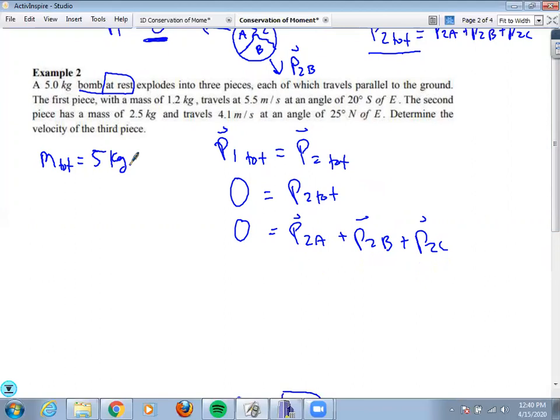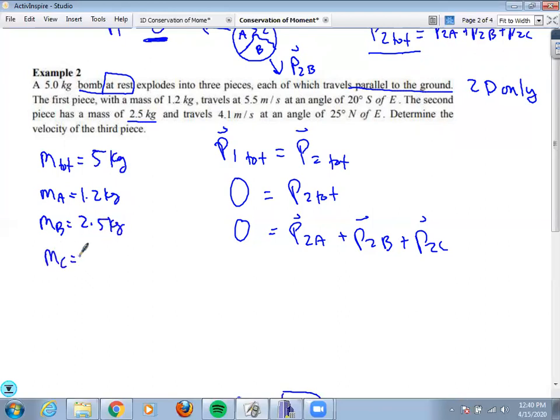So they travel parallel to the ground, which means 2-dimensional only, not 3D. The first piece, MA, is 1.2 kilograms. The second piece, MB, equals 2.5 kilograms. So we need the third piece. We don't know, so we'd have to figure it out.